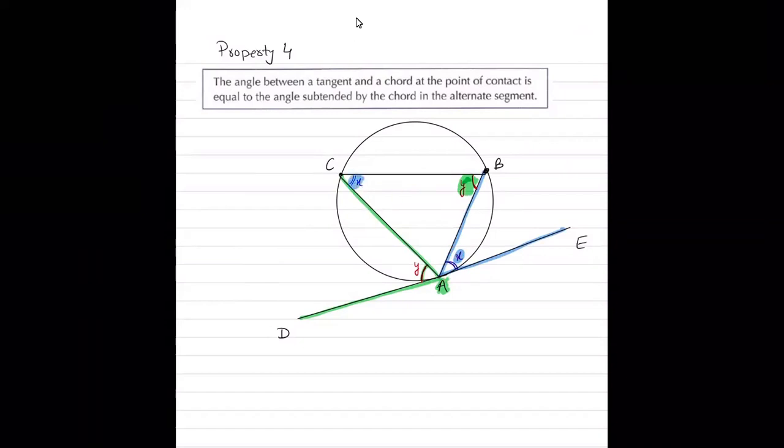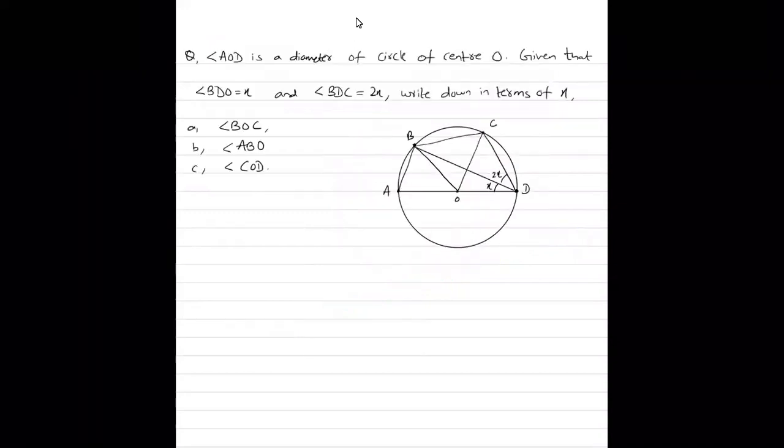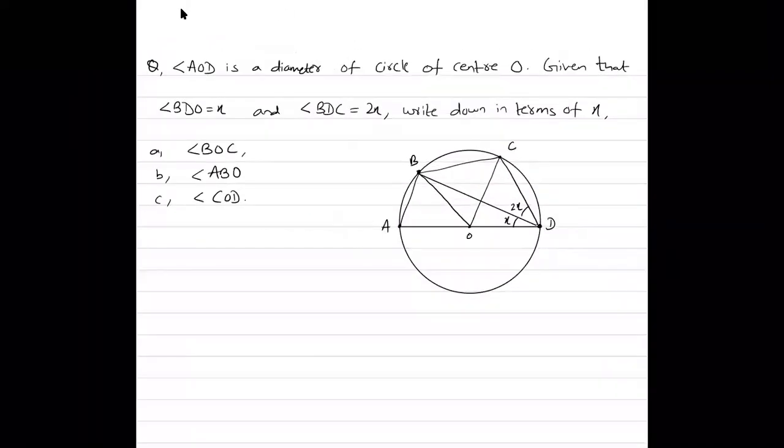So this angle C is also equal to x degrees. Are you clear with the property? Yes. Okay. Any questions so far? No, sir. Okay, I want you to try this question and then I can help you.